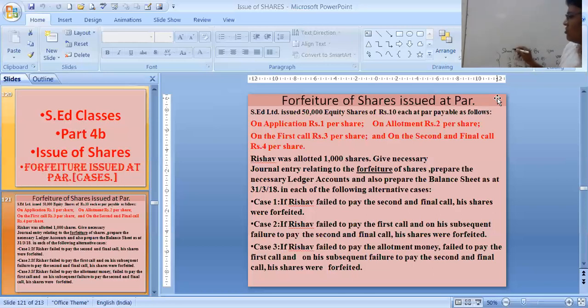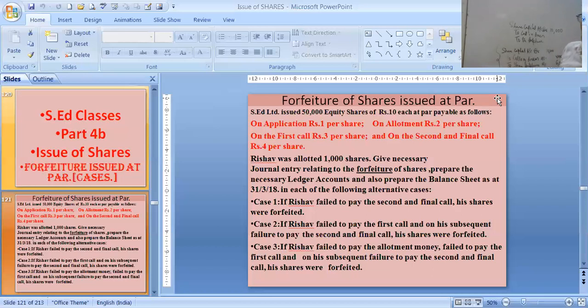So for this one also the same journal entry: share capital account debit to calls in arrear, to share forfeiture. Share capital account debit will be how much? 10,000 rupees, because for 1,000 shares the whole called up value of 10 rupees per share is called.